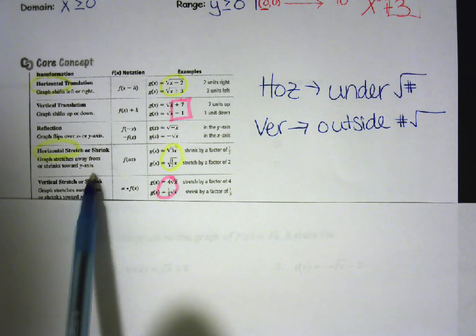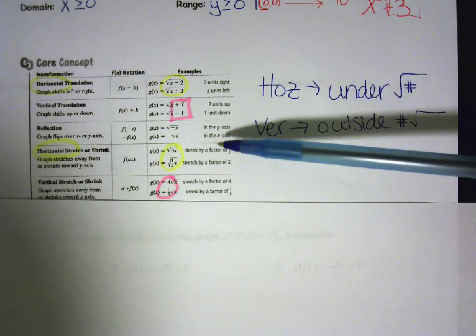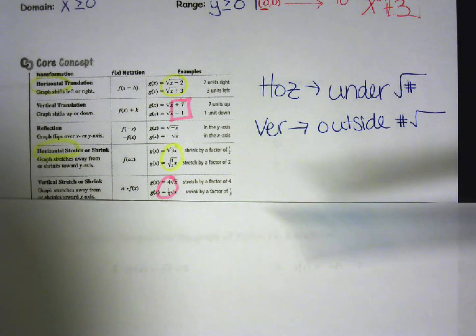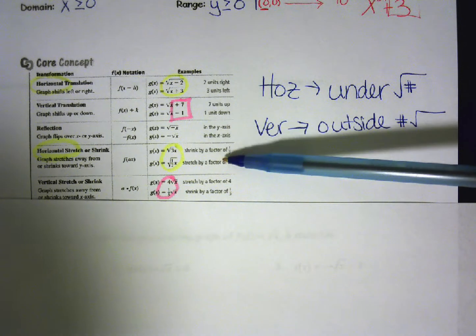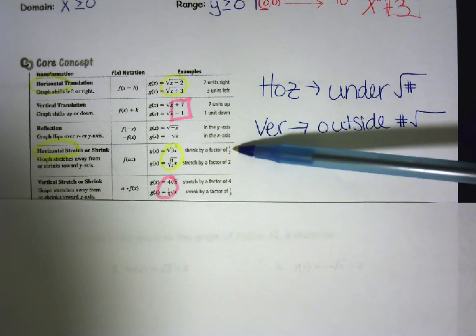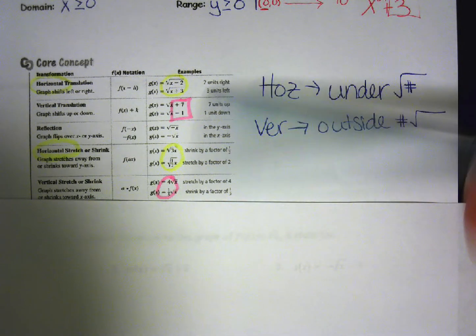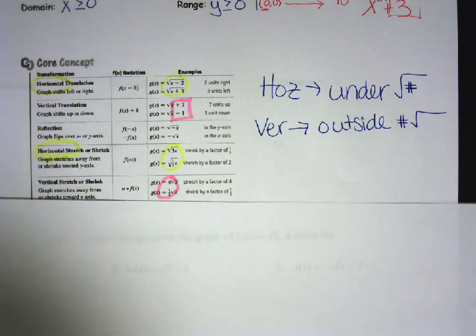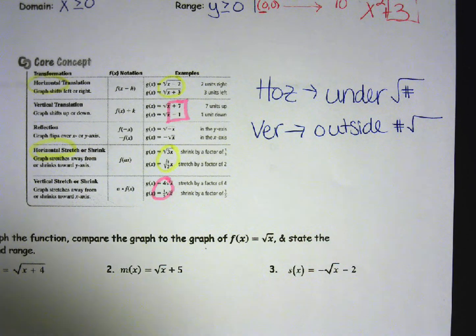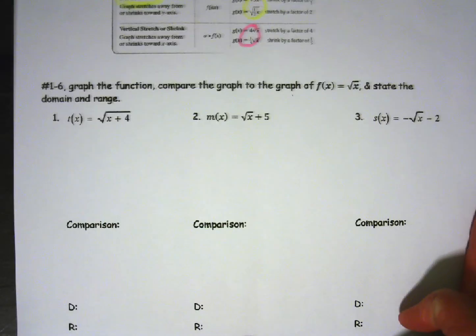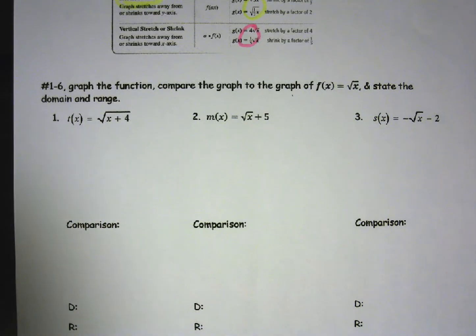So a lot of it has to do with which way the graph is being pulled. But just remember, if it's under, you have to use the reciprocal. So you can see this looks like a 3, but it's really a 1/3, okay? So this chart is extremely helpful, and I definitely think you might want to have it handy as a reference.